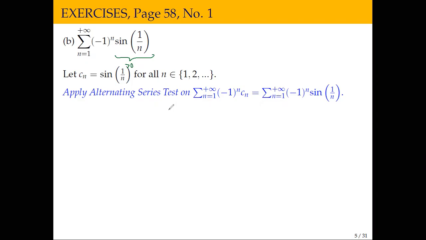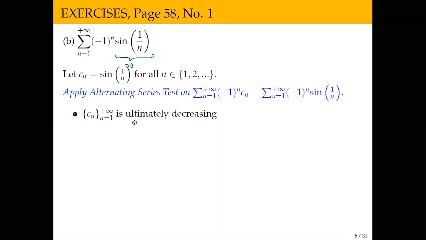The second thing to verify is whether the limit of c sub n as n goes to positive infinity is equal to 0. If it turned out that these two things are true, then we can say that this infinite series converges. Okay, so let's do that.